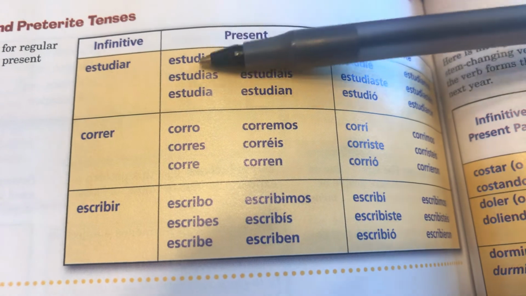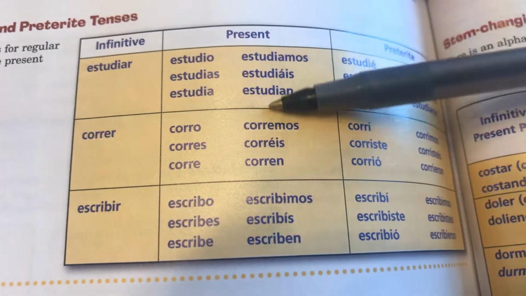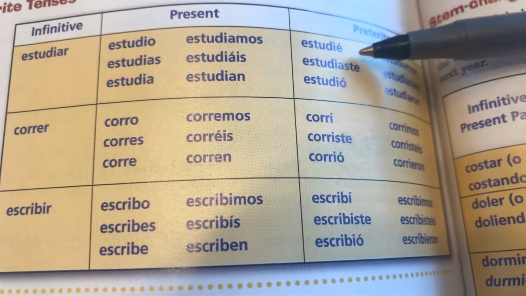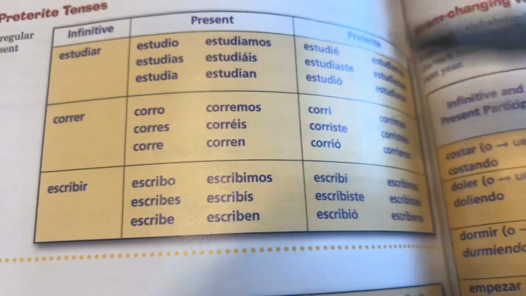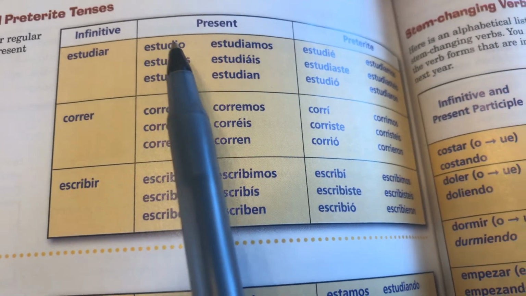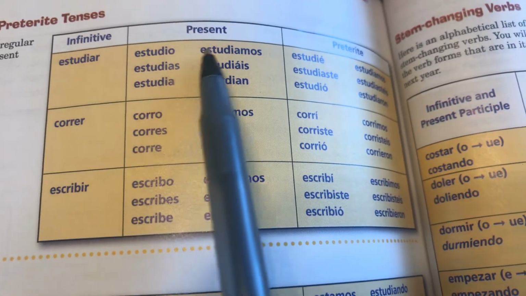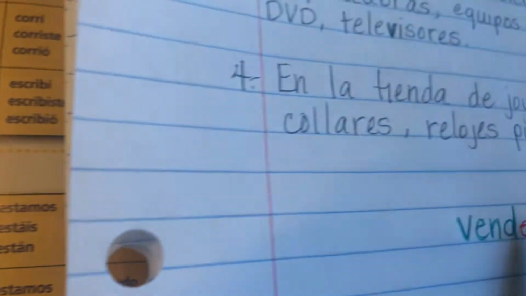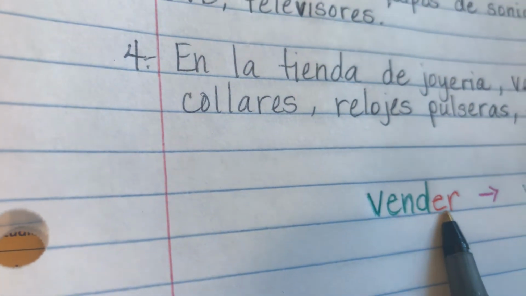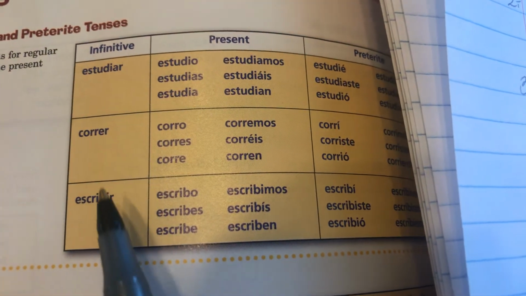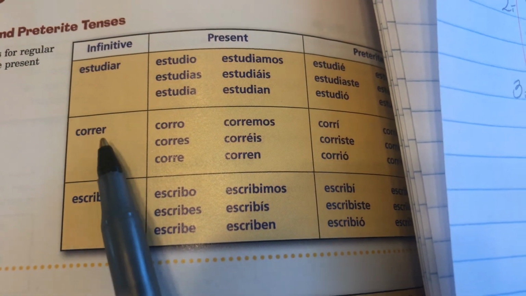And then they actually tell you how to conjugate them in the present tense and the past preterite, the past tense. So for the sentence we're going to be working on today, you're going to be doing it in the present tense. So if we look at the word that we're going to be conjugating, it's vender. It ends in ER. So which one of these three will we be using? Yes, this one, the one that ends in ER.